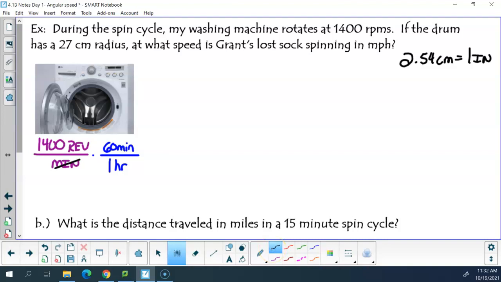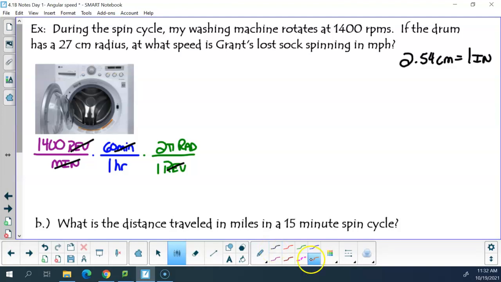Somewhere along the line you're going to need that one, because we need it to be in hours. 1 revolution is 2 pi radians. You need that one somewhere along the line.